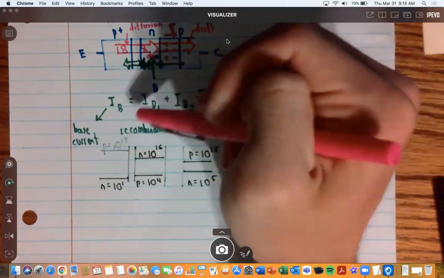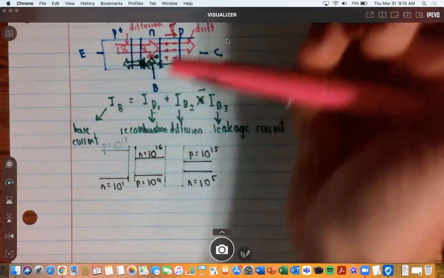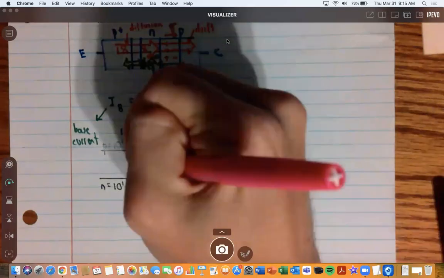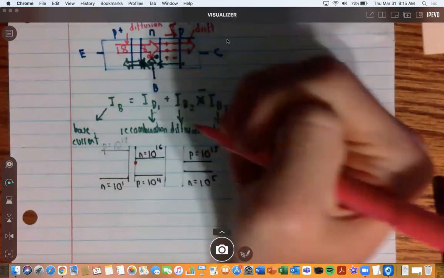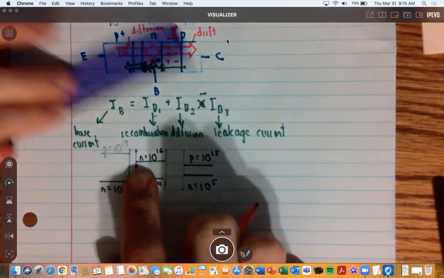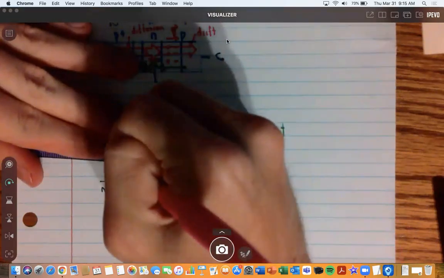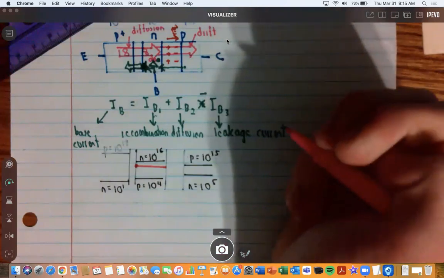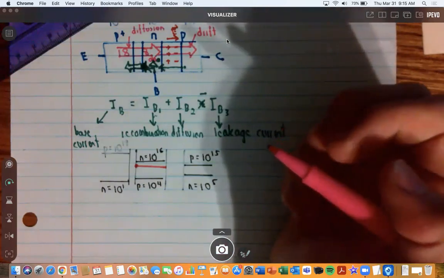And so how are we going to represent that? Well, if we have a lot of P holes coming into the base, I'm going to draw it up higher here because there's a higher concentration of holes than I marked down here. And the base is made really small, so it's really hard for those to recombine. So it goes down only a little. And that's what we're going to see.